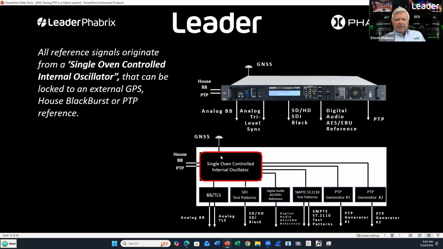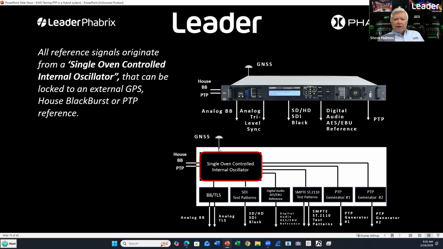That oscillator now drives your baseband and tri-level sync. It drives your test patterns. It drives your AES/EBU stuff. It drives your 2110 test patterns, and can be a PTP generator for your system.